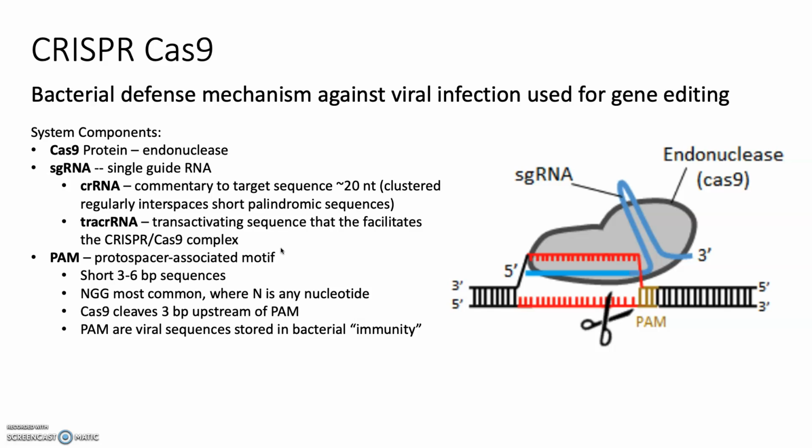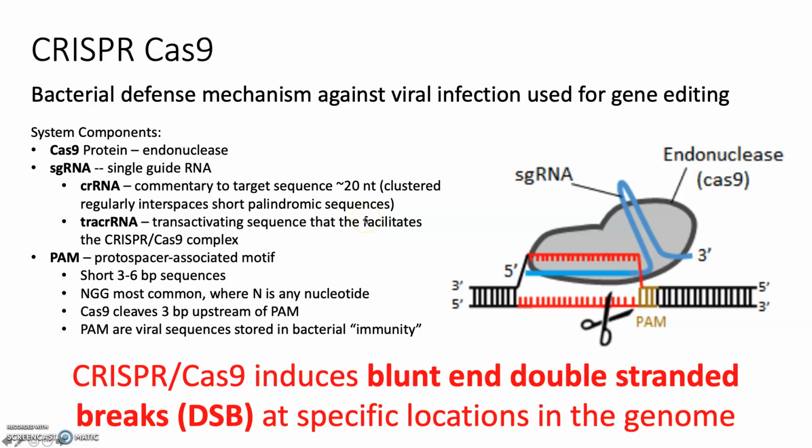These are actually found in viral genomes, and that's indicative of the immune defense mechanism. These are remembered, so to speak, by bacterial cells. So the main takeaway is that CRISPR-Cas9 induces blunt-end double-stranded breaks at specific locations in the genome. That's the main function of this mechanism.